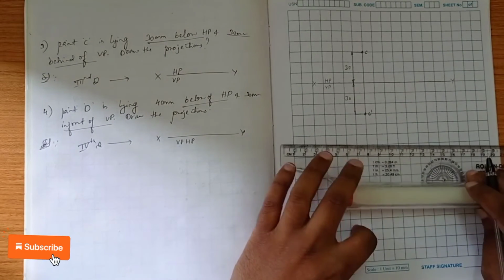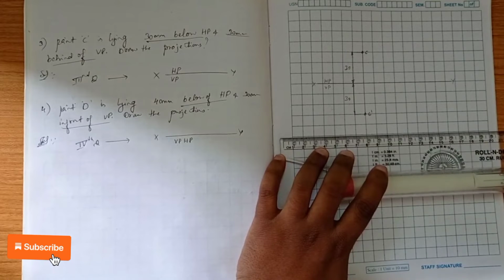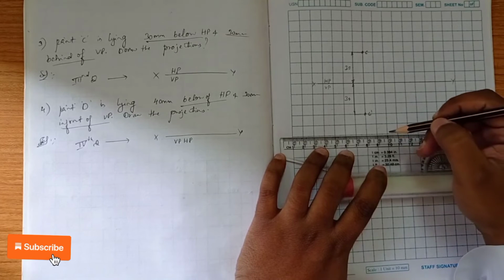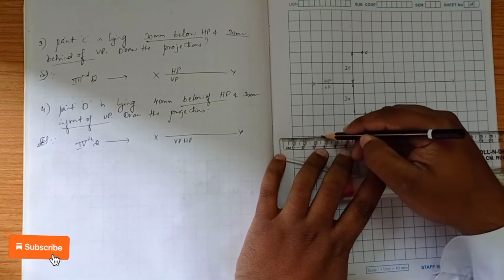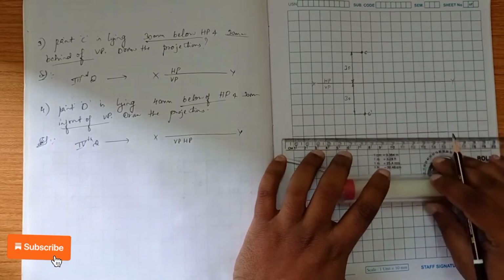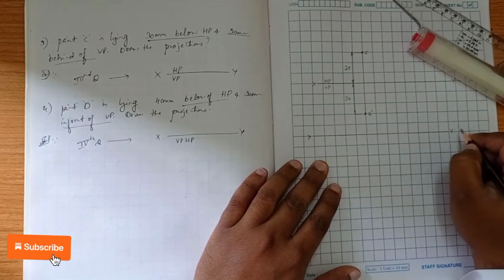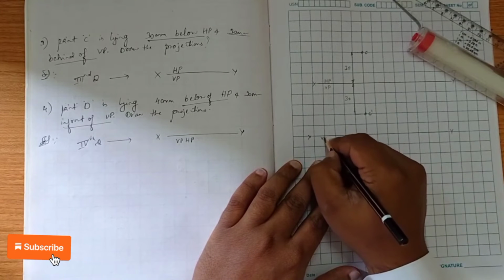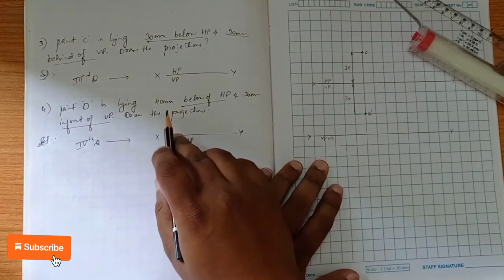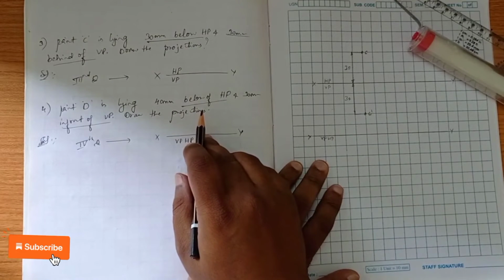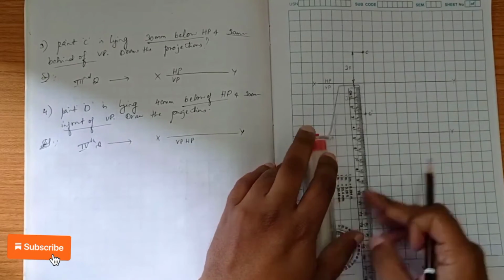Draw the XY line here first. Both the vertical plane and horizontal plane are below. Now 40 mm below HP. Below HP or above HP means it is the front view, so we draw the front view first.